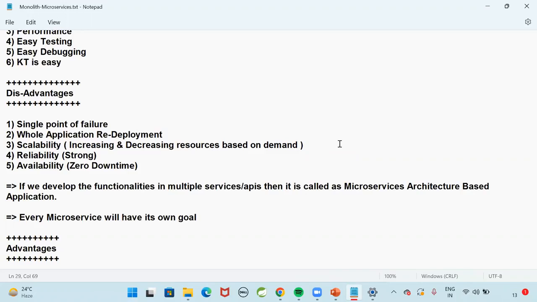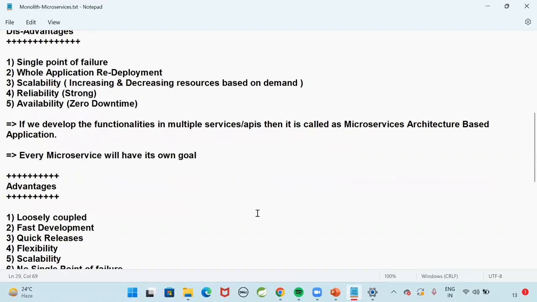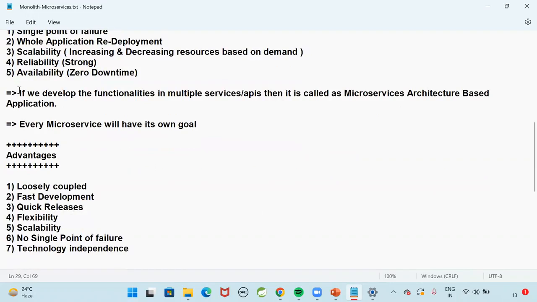Okay, fine. So to overcome the problems of the monolith, we are going for microservices. What is the meaning of microservice? If we develop the functionalities in multiple APIs, instead of developing one single project, then it is called a microservices architecture based application.